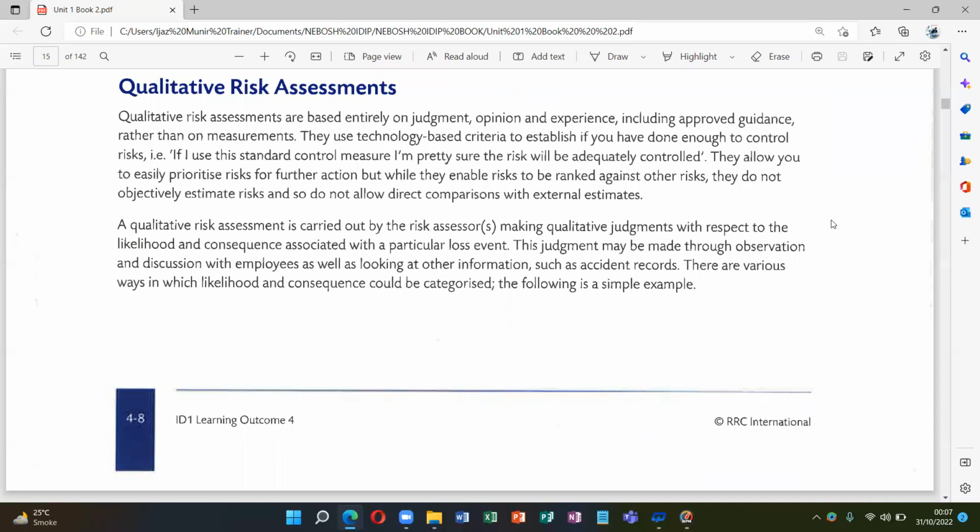They allow you to easily prioritize risk for further action, but while they enable risk to be ranked against other risks, they do not objectively estimate a risk and so do not allow direct comparison with external estimates.